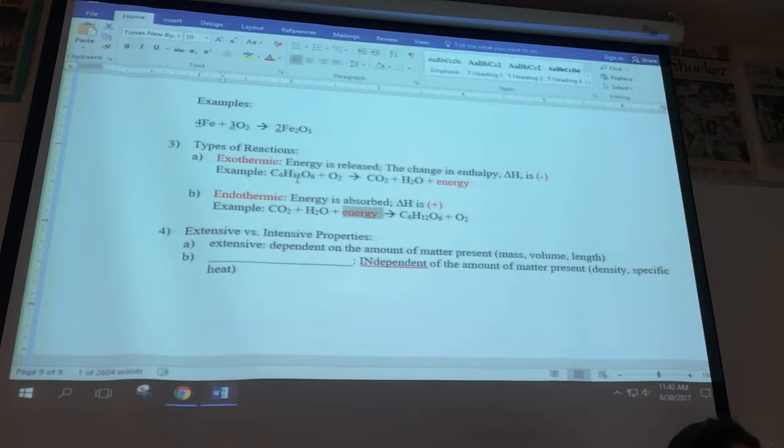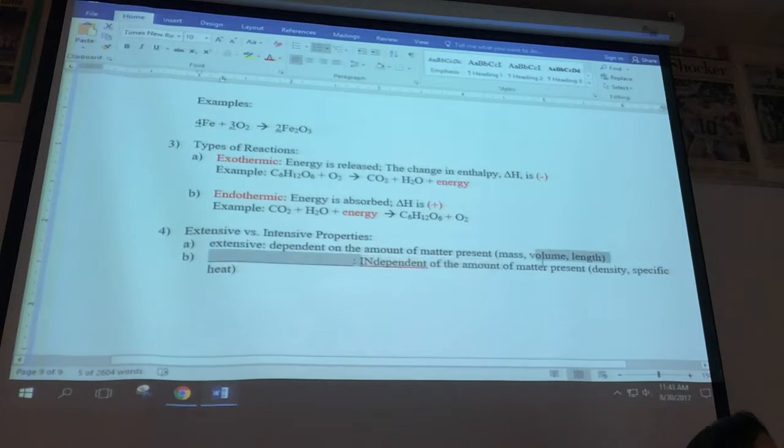The last thing I want to mention in this chapter, although you won't be tested on it, is when you're considering mass, volume, length, density, specific heat, and other properties of matter, some of them do depend on how much matter you have.